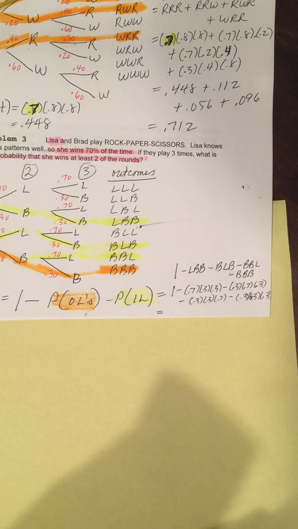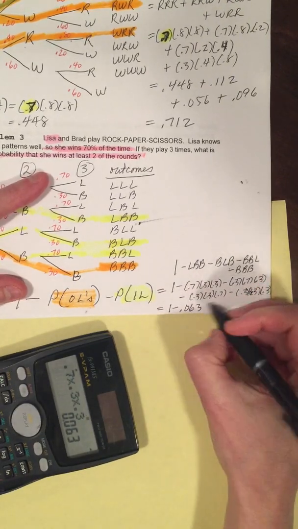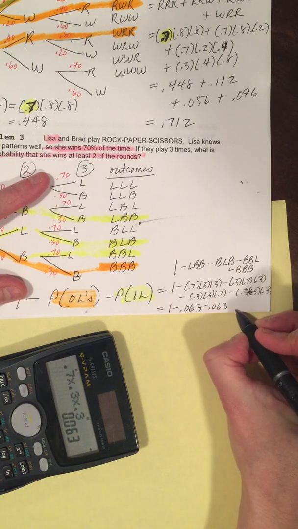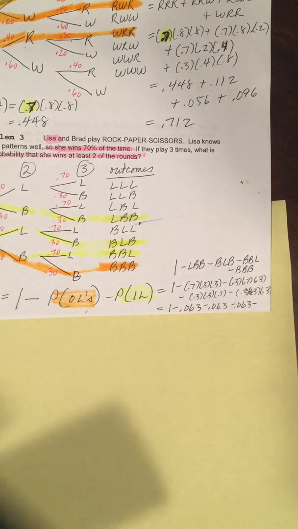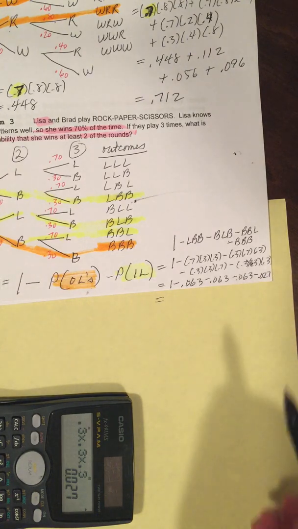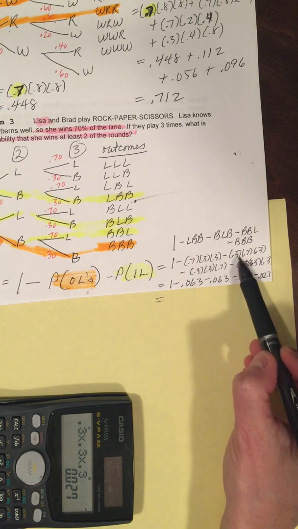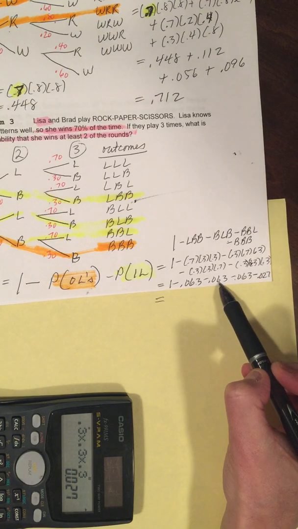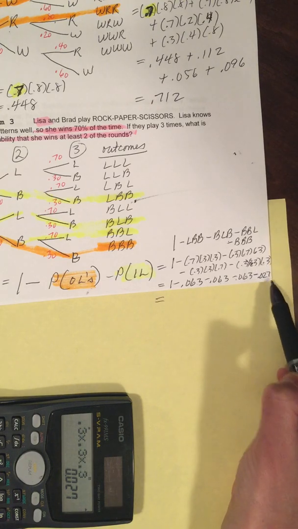So 0.7 times 0.3 times 0.3 is 0.063. 0.3 times 0.7 times 0.3, 0.063. 0.3 times 0.3 times 0.7, 0.063. 0.3 times 0.3 times 0.3, 0.027.